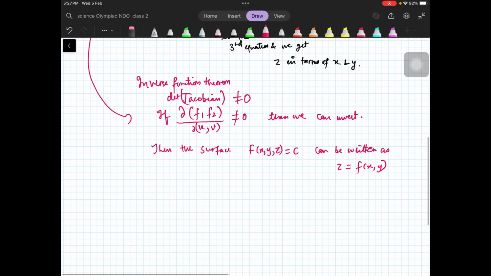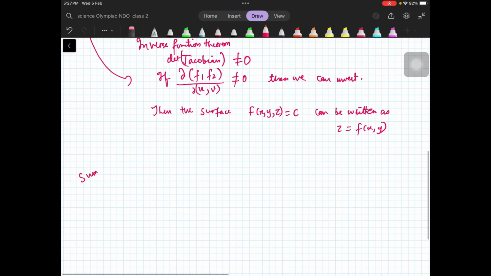z is equal to f of x comma y. Okay, so what we said here, the summary is that I had a surface f of x comma y comma z is equal to c. Now because it is a surface, I know that this is a two parametric thing, right?